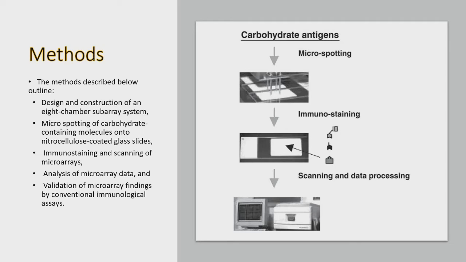We usually confirm our results by at least one of the alternative immunoassays such as the enzyme-linked immunosorbent assay and the dot blot, the Western blot, the flow cytometry or the immunohistology.